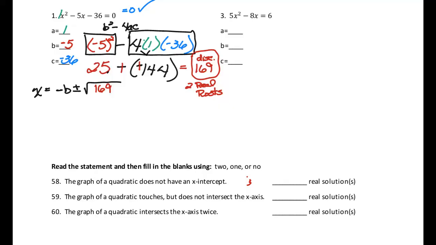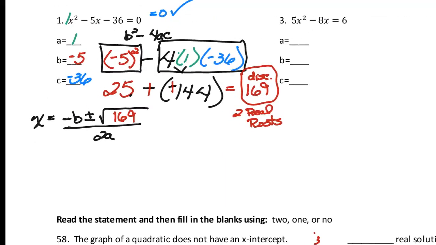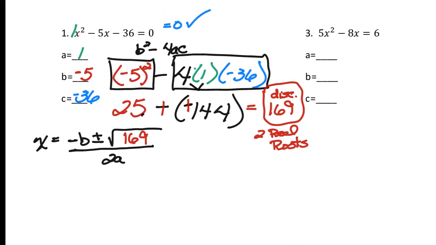And that's going to make it a whole lot simpler. All divided by 2a. So I need the opposite of b. B is negative 5. The opposite of that is going to be positive 5. Plus or minus the square root.